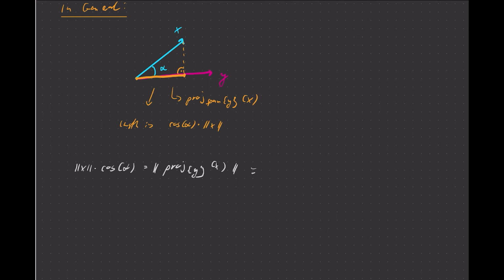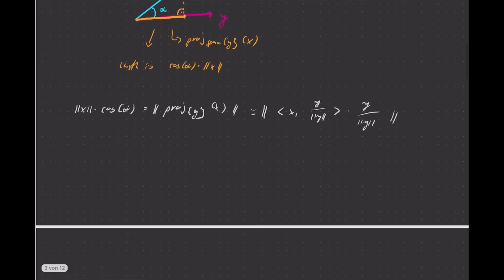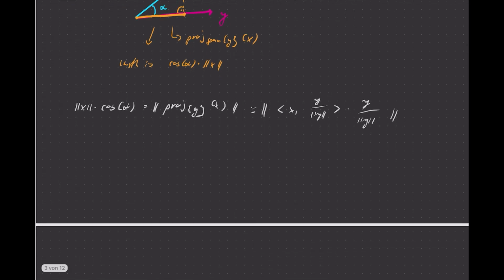And well, that projection, we know how to compute the projection, so that is the same thing as the scalar product of x with the normed version of y times that vector. And now if we do the computations here, we can solve that for cosine alpha.